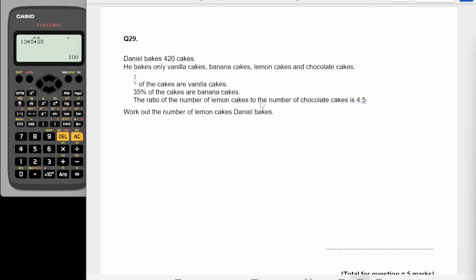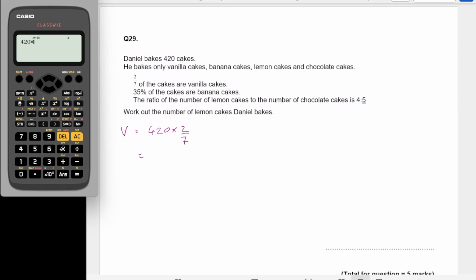Okay, let's work out some of the numbers then. So we've got vanilla cakes are going to be equal to 420 times by 2/7, which is going to be 120 vanilla cakes. Banana cakes next. So banana cakes are going to be equal to 35% of the number.